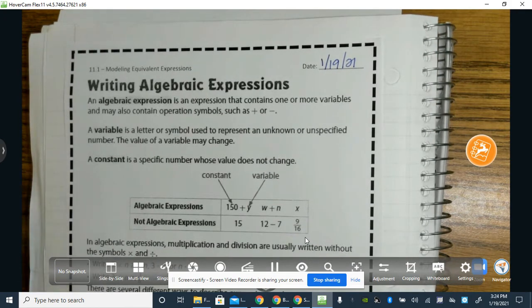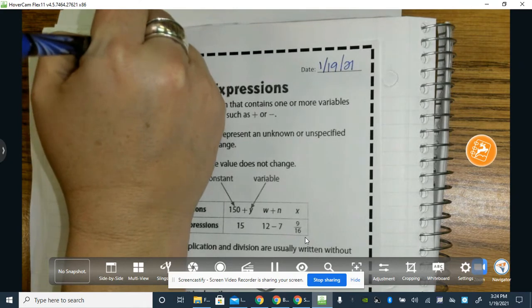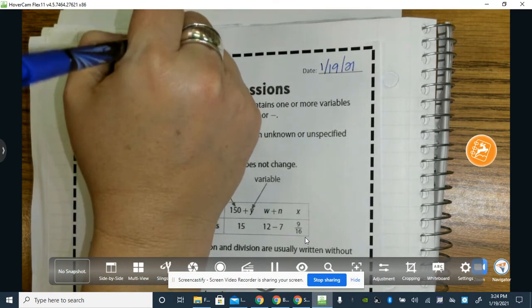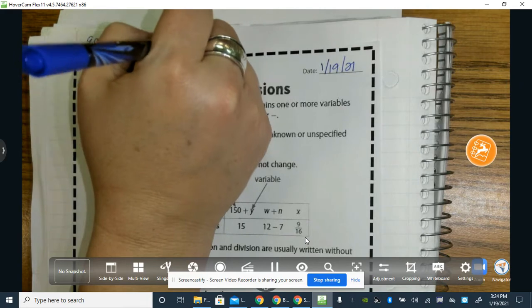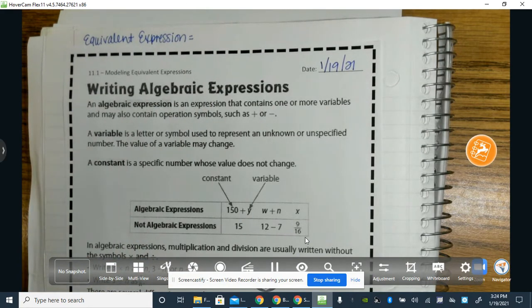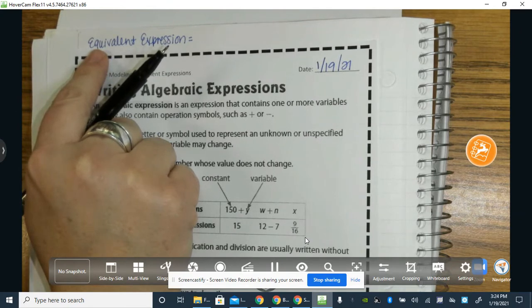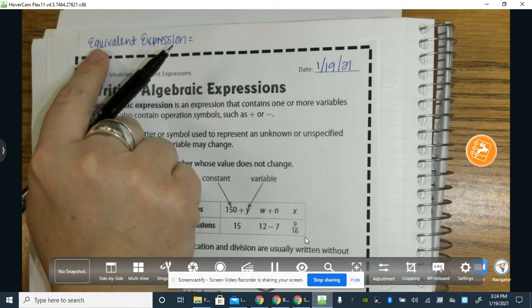Now, an expression is just kind of like a math sentence, all right? It's just a math sentence. And when we write an equivalent expression, I don't know if I'm using the right word, but equivalent, like the prefix, I guess, means equal, like equivalent, equator splits the world into 2 equal halves, equilateral triangle.